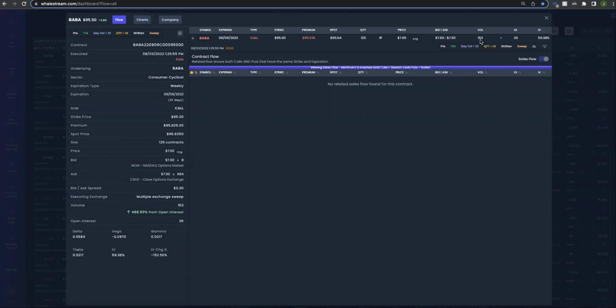So when you're looking at the OI and the volume, that's 28 plus 26, around 55 to 60 contracts in all of existence before this trade took place, and this trade was for 125 contracts.